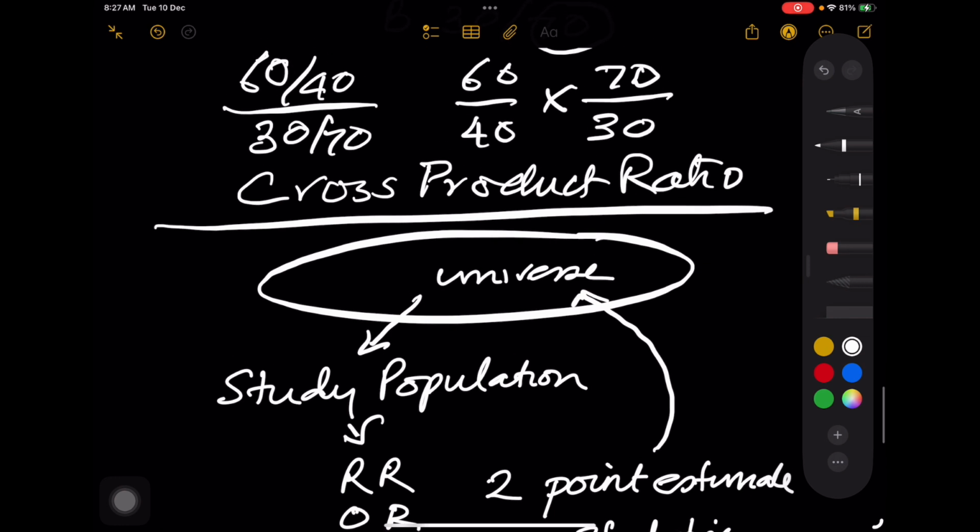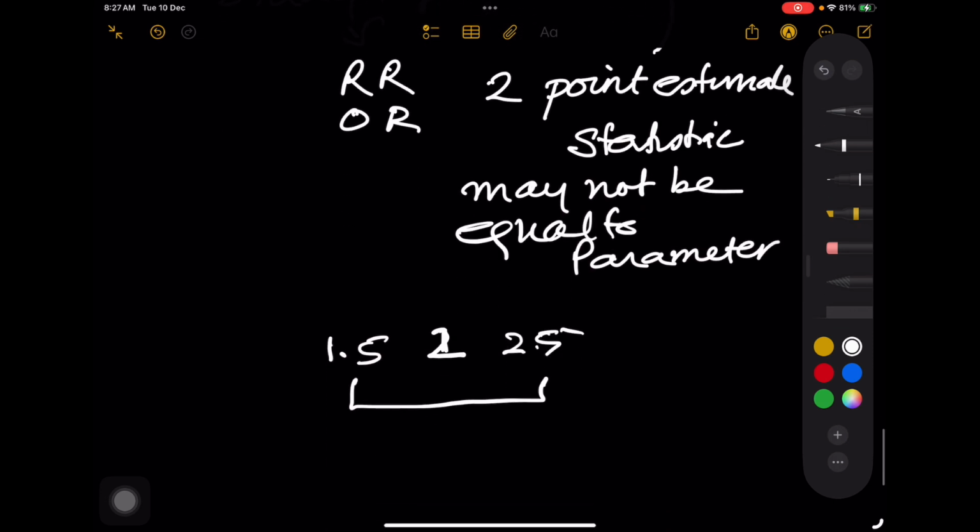And if you use an interval, it has a greater chance of including the parameter. As the interval gets wider and wider, say 1, 2, 3, the chance goes on increasing that it will include the truth, the parameter in the universe.